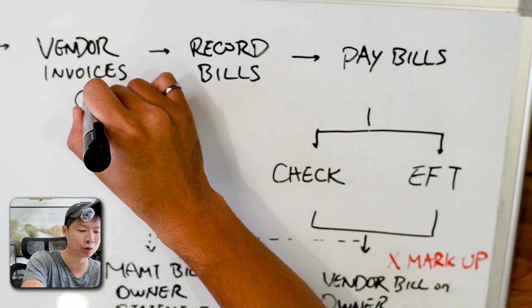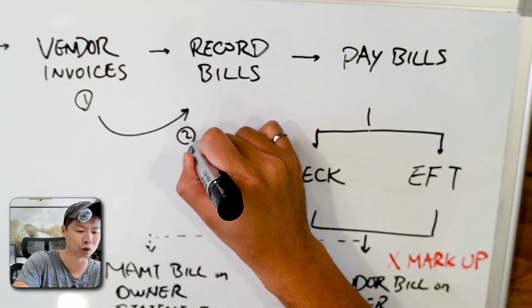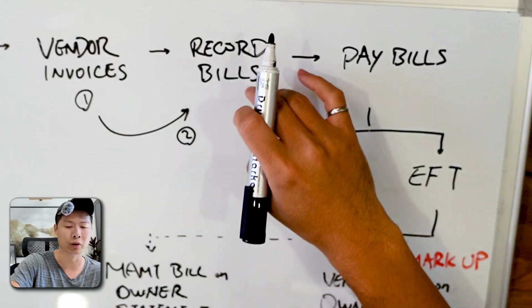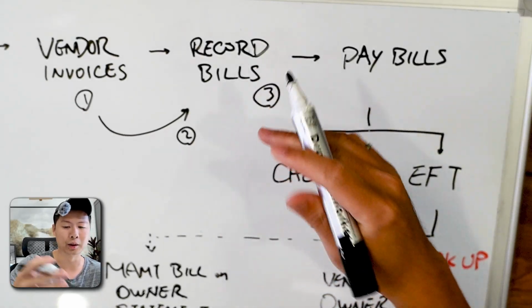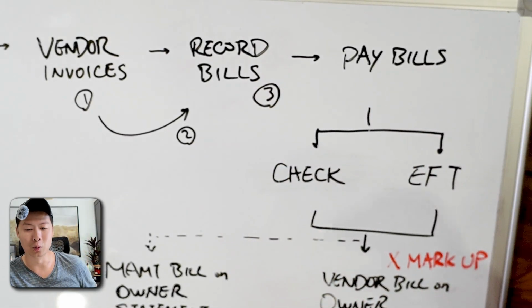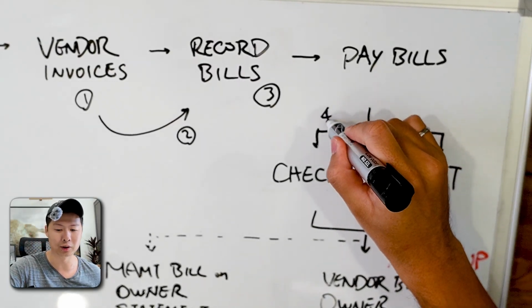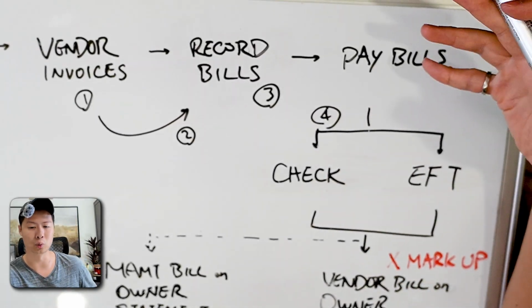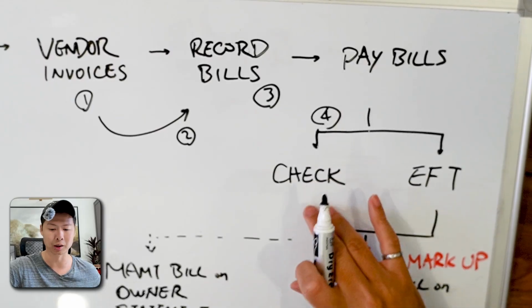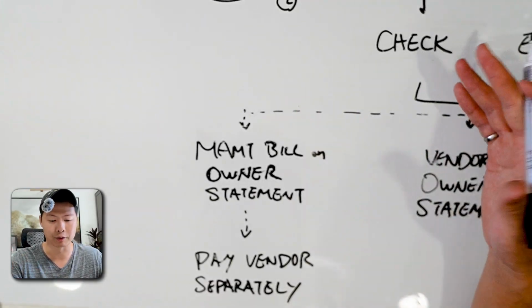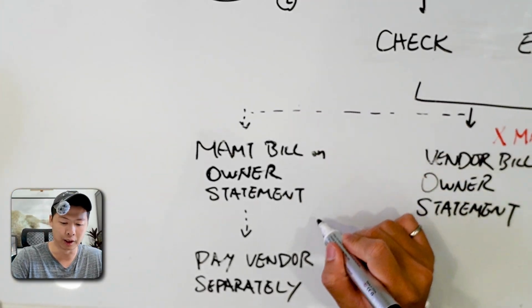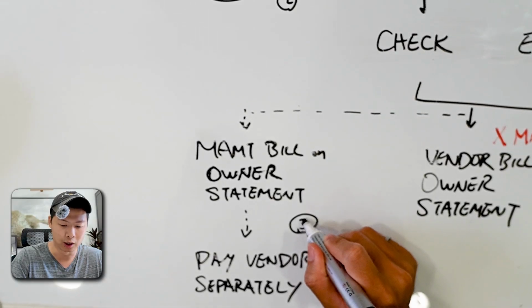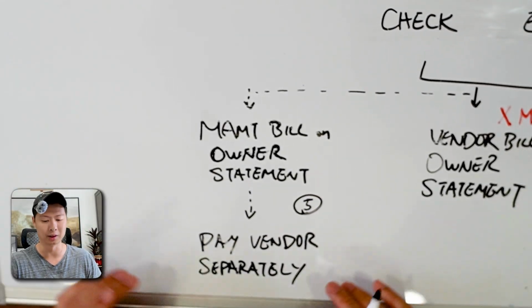So one step is to receive. The second step is to add more context here. The third step is to create the bills. Then we create the fourth step, which is paying out to your management company. Once we turn the bills into a check for our management company, it creates the fifth step, which is that we have to pay the vendor completely separately.